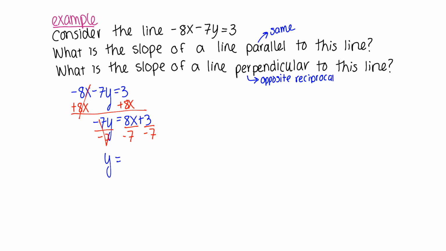So y is equal to -8/7x. And then because you're going to be adding a negative number, I'm just going to make it a minus sign, -3/7. This y-intercept doesn't even matter because we're not going to use it in the answer to what is the slope of the parallel or perpendicular line. So this is the slope of the original line.